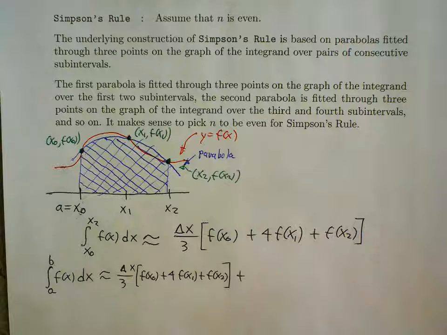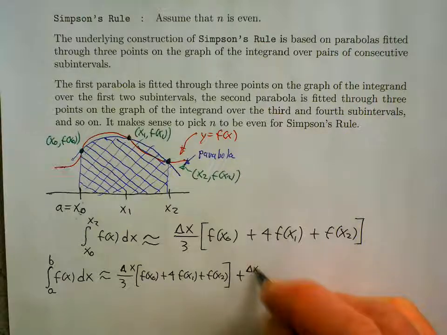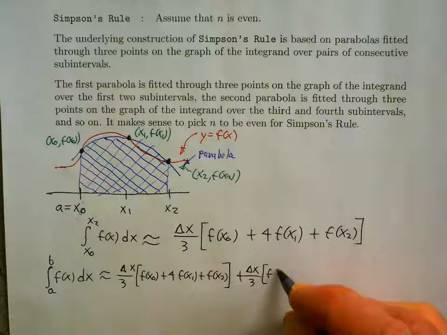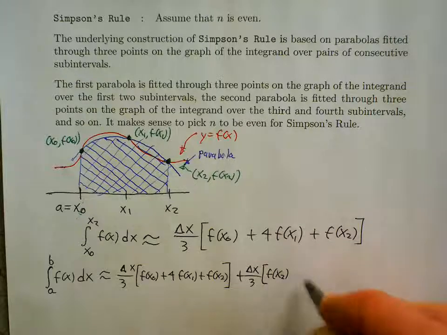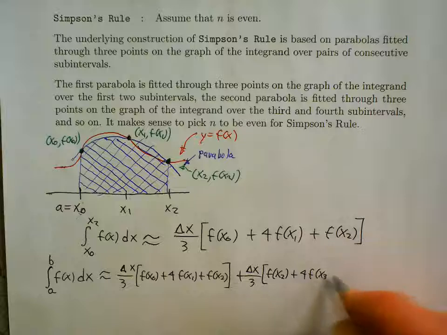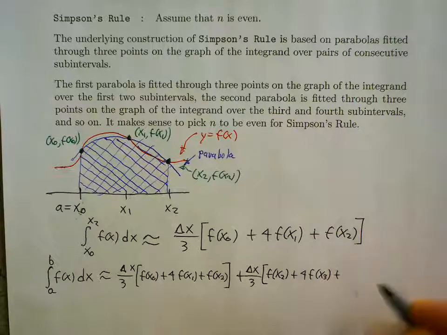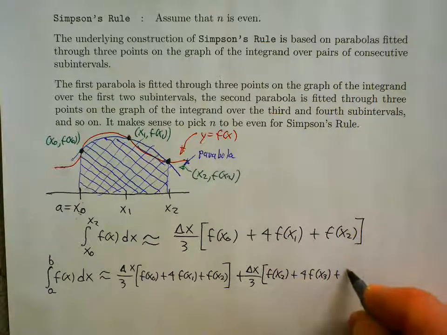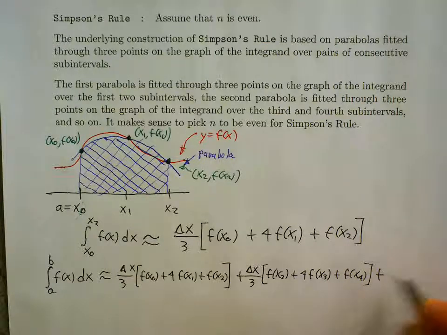Okay, then on the interval from x sub 2 to x sub 4, we get delta x over 3 times the quantity f of x sub 2 plus 4 times f of x sub 3 plus f of x sub 4, and so on and so on and so on.